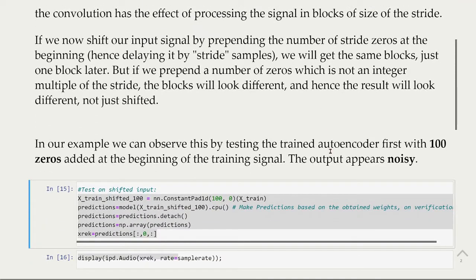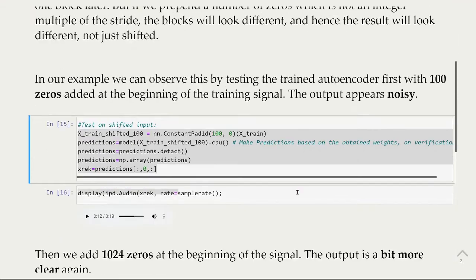So for this example, we are going to test the trained autoencoder first with 100 zeros added at the beginning of the training signal. And we are using this constant pad 1D, so we are inserting 100 zeros at the beginning of this training signal.